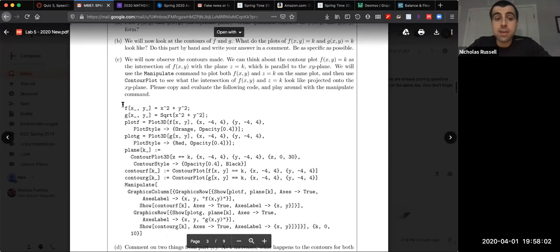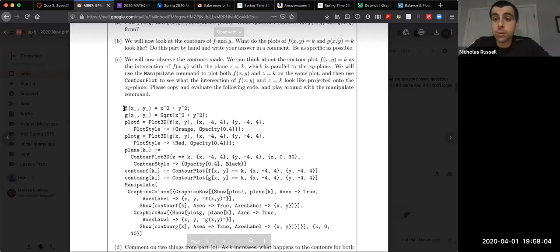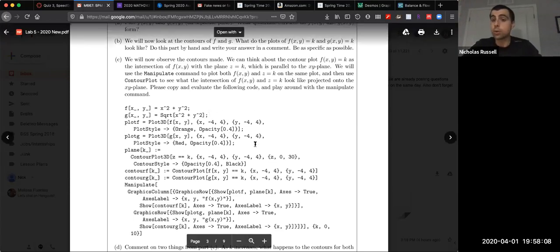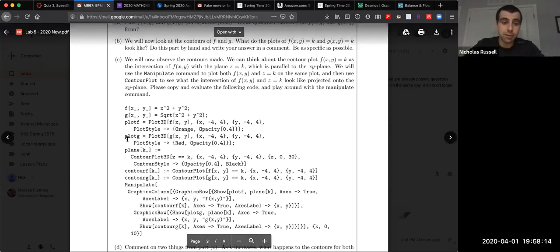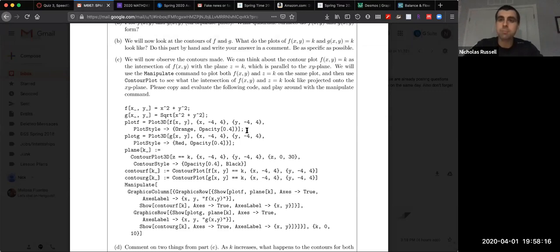If you have issues copying it, make sure all of these things are on the same lines when you copy them into your code. You might get something like Plot G coming up to here. Make sure you enter them all in one block. You should get a Manipulate function, where you can move the slider and see what happens. So play with it, and hopefully it's a cool little animation to show you what's happening.